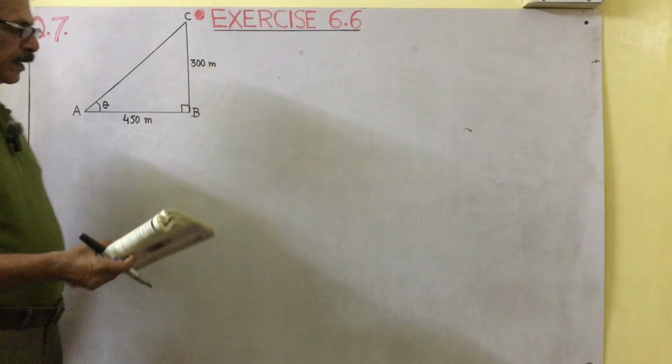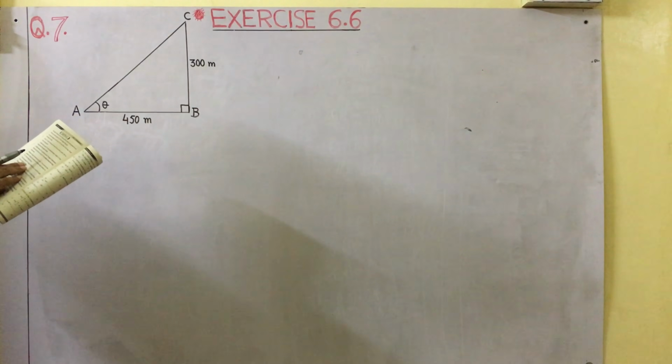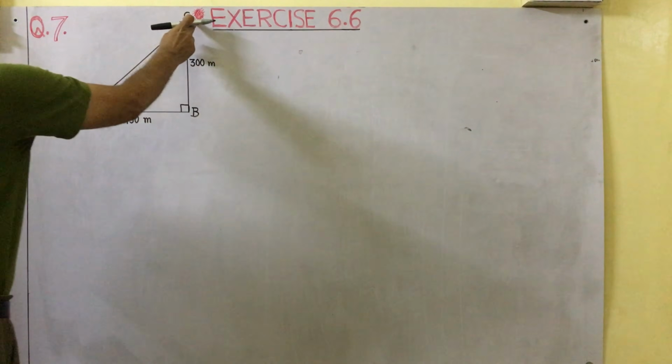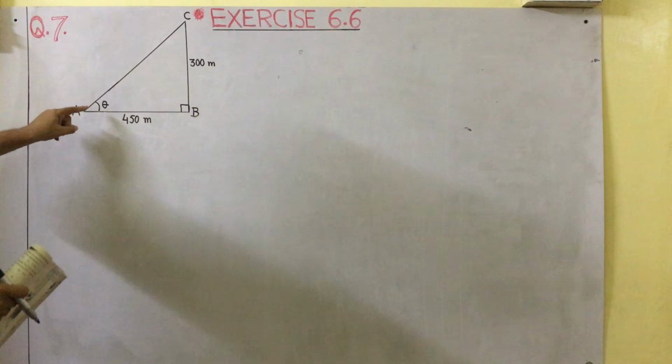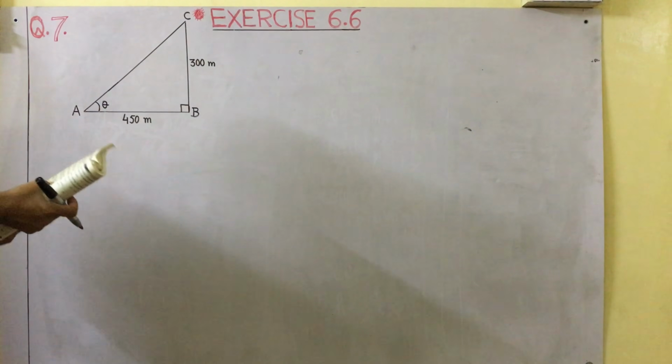Exercise 6.6, question 7. Find the measure of an angle of elevation of the sun. Here is the sun. We have to find the angle of elevation of the sun, that is theta.